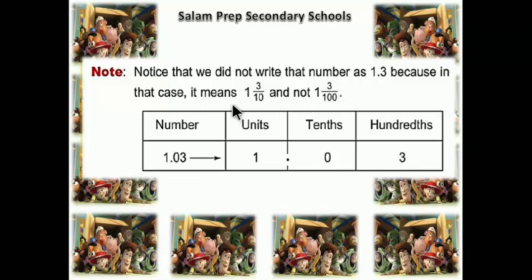Take care. 1 and 3 tenths is different from 1 and 3 hundredths, okay? Number 1 and 3 hundredths: 1 in units, 0 in tenths, 3 in hundredths, okay? This is the decimal point.